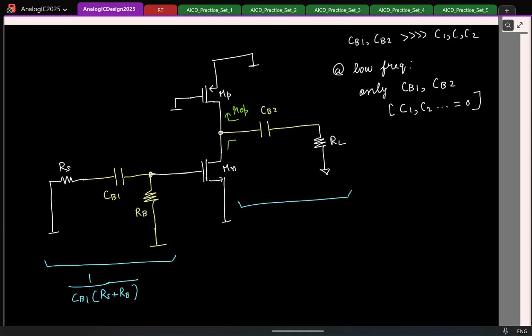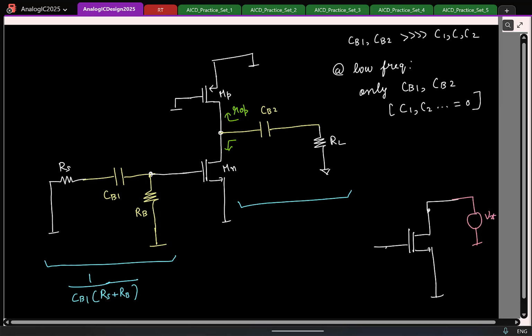What can you say about the resistance looking down? Do you think that will change if I open or short CB? Maybe I'll rephrase the question. I'm trying to find the resistance looking down. Again, I'll apply a test voltage.